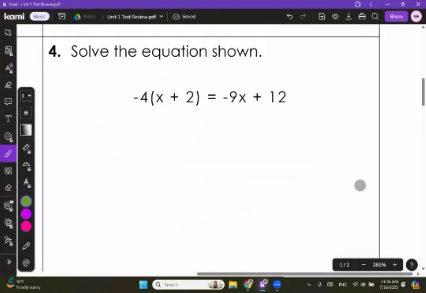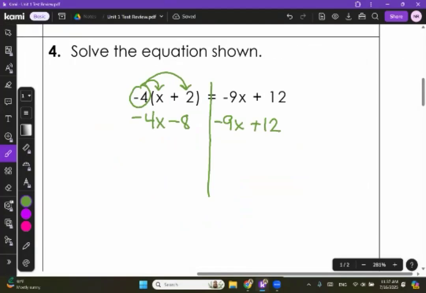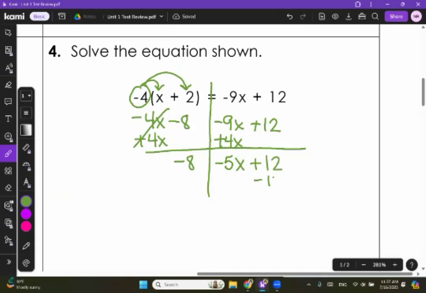Number 4. This time we do have parentheses, so make sure you distribute first. Okay, we don't have too many terms on any side, so we go from small to large. Because they're both negative, I'm just going to go with the smallest number first. Negative 9 plus 4, negative 5. And minus changes to plus.